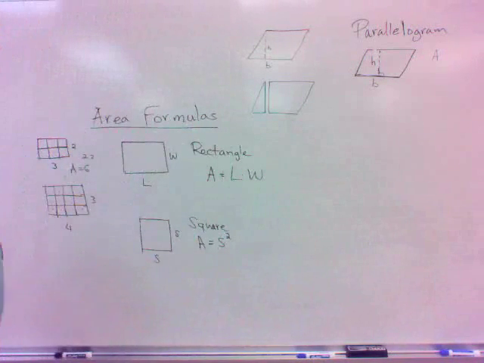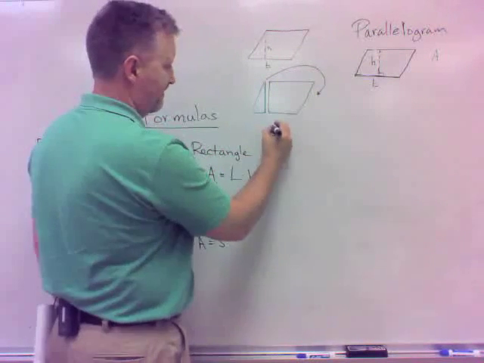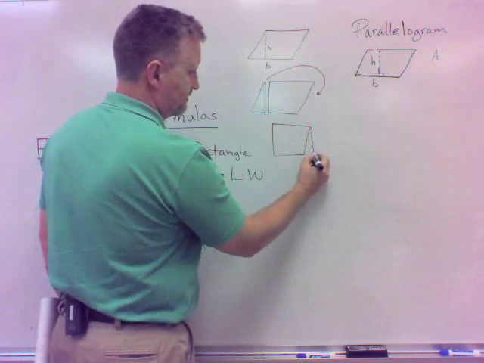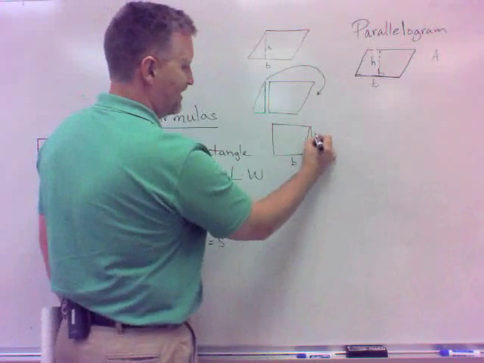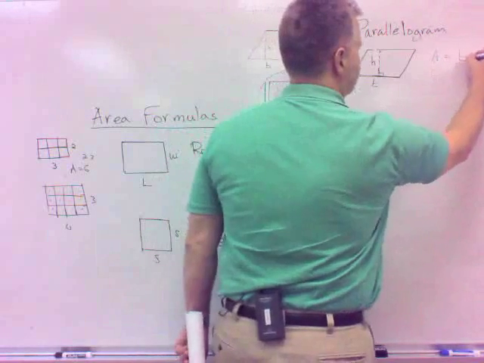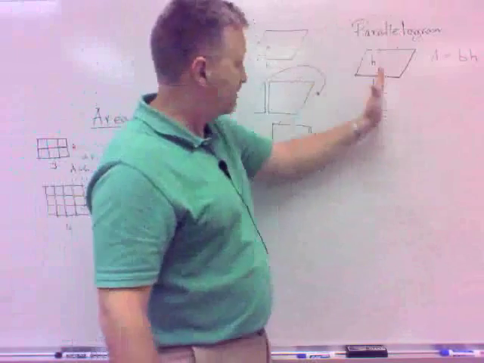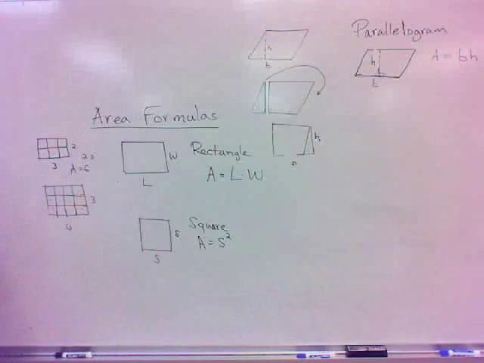Well, if I take this piece and move it right there, it fits rather nicely and gives me a rectangle, which has base, height, b times h, isn't it? Area of a parallelogram is you take the base times your height, where your height is this distance through the middle, if you will, not the other side length. Okay? That is area of a parallelogram.